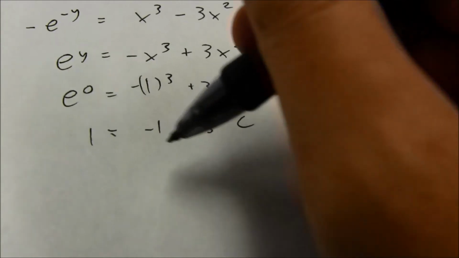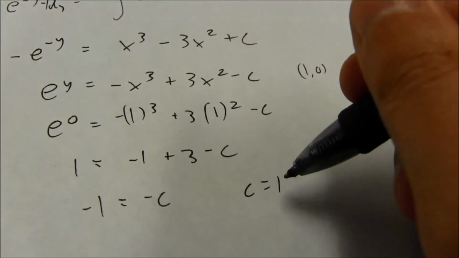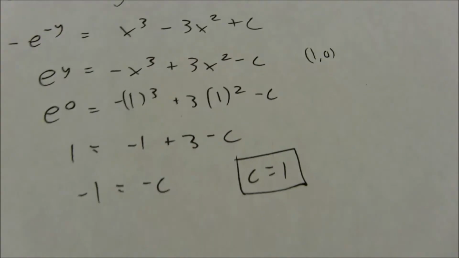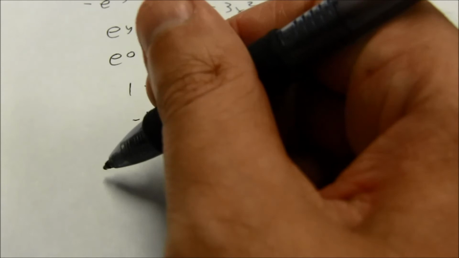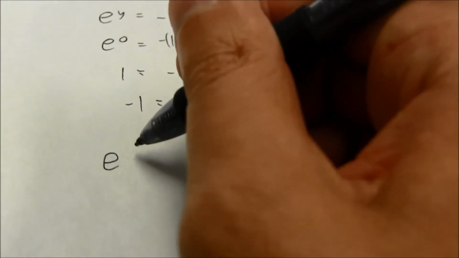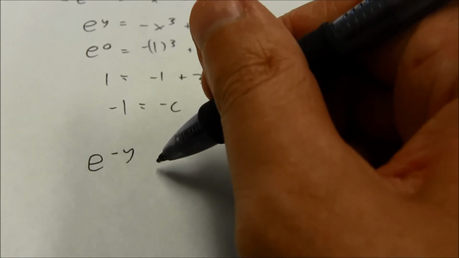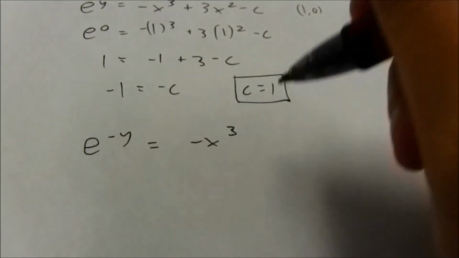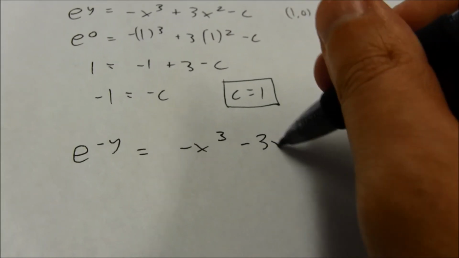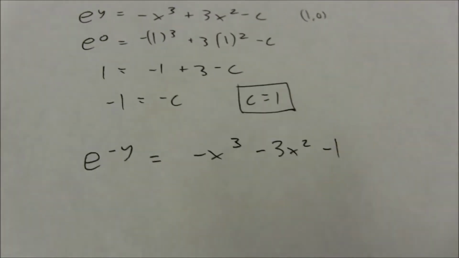If I subtract 2 from both sides, I get negative 1 is equal to negative c. So it looks like c is equal to 1. And now I can put all this back together. I have e to the y is equal to negative x cubed plus 3x squared. Remember, it was minus c, so it's minus 1.